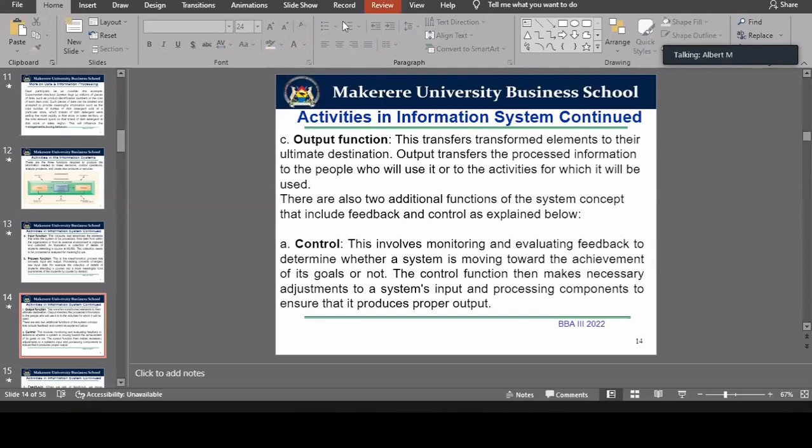Sir, I wanted to inquire on that point of the output function. Through this we look at the distribution, how data is being distributed.